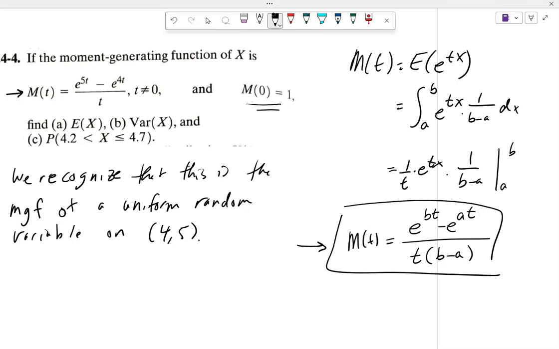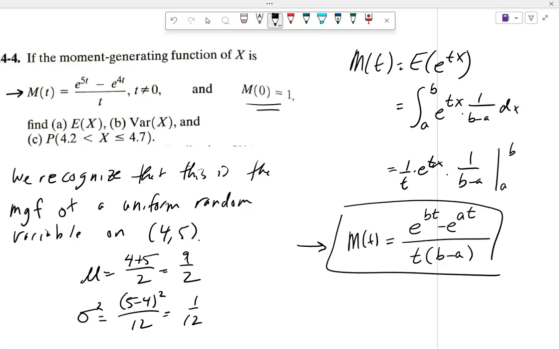So when we did the uniform random variable, how do we figure out what the mean is? Yeah, a plus b over 2. So we get 9/2 in this case. It's the midpoint, right? It's the whole idea of being uniform, correct? Okay. And then the variance is what? Yeah, b minus a squared over 12. In this case, our b is 5 and our a is 4, so we just get 1/12.